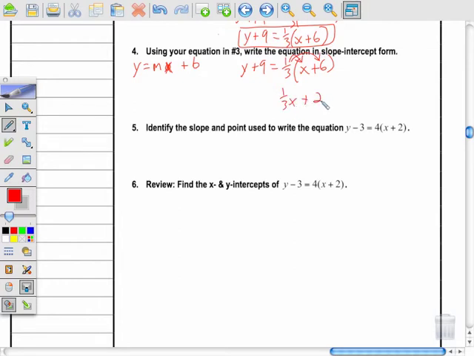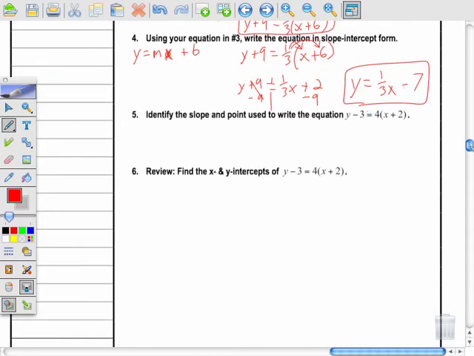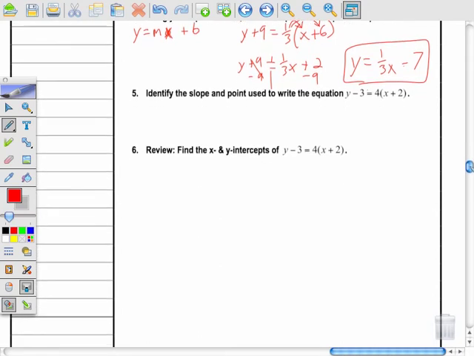That's 1/3 x plus 1/3 times 6, which is 2, equals y plus 9. Okay, minus 9, minus 9. So now we got y equals 1/3 x, 2 minus 9, that would be minus 7. There's the equation of that line in slope-intercept form.